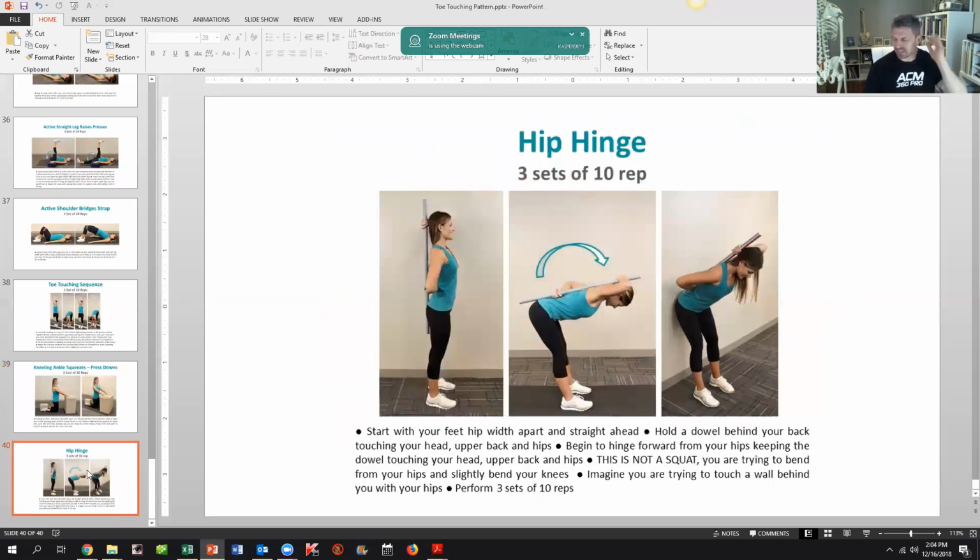And I don't have this in my corrective exercises, but I work on the hip hinge, and it's something that I would put at the end of all of this, to start establishing what that hip hinge should look like. But I've had people that if they don't have the capacity in those other exercises, you're not going to get it out of this hip hinge exercise.